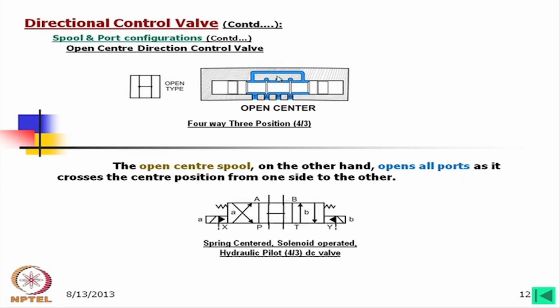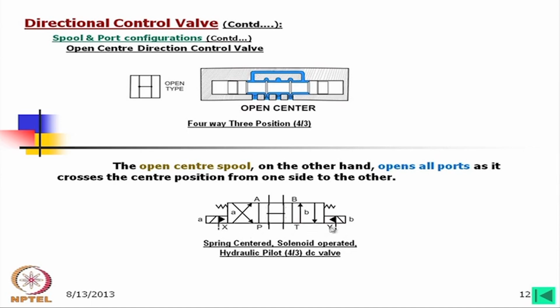Now, here I have shown a symbol, and I have also shown how it is operated. In that case, what we find on the B and A sides, a small box with a slanting line, these are solenoids, whereas this arrow completely filled in black with X and Y, these are two hydraulic pilots we can also actuate with.